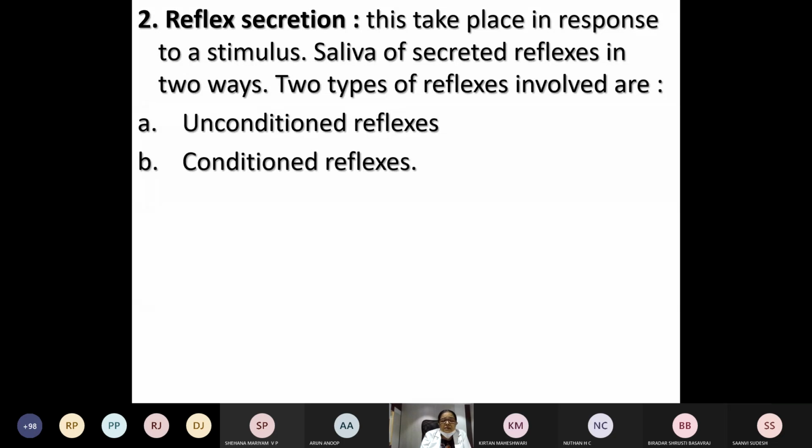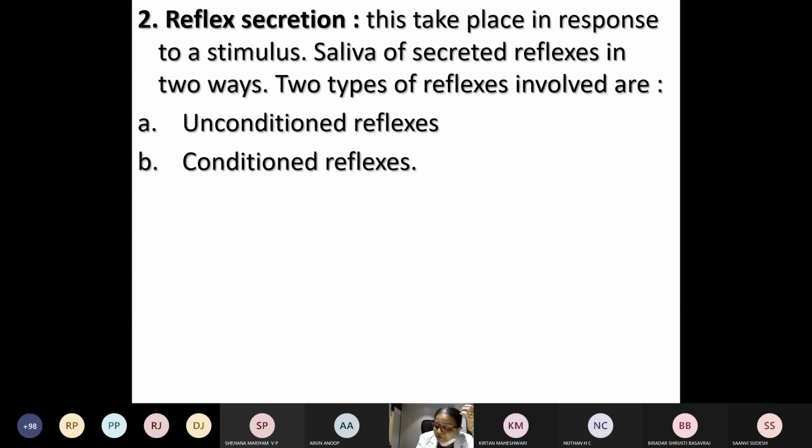Shall I continue in the next class, or finish today? All of you sleeping? No, ma'am. Okay, I will finish this salivary secretion.